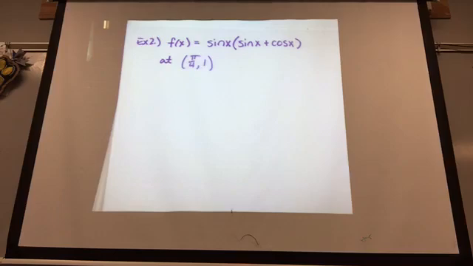Do we write both the tangent and normal?